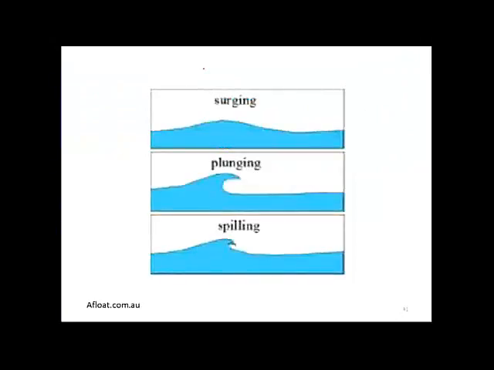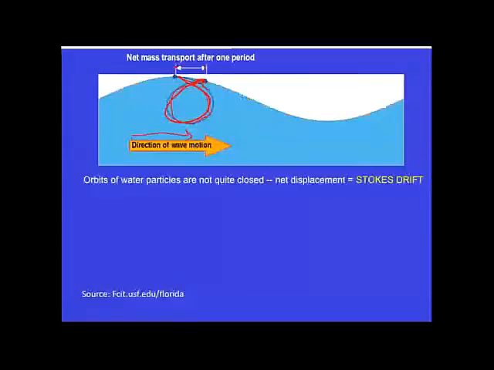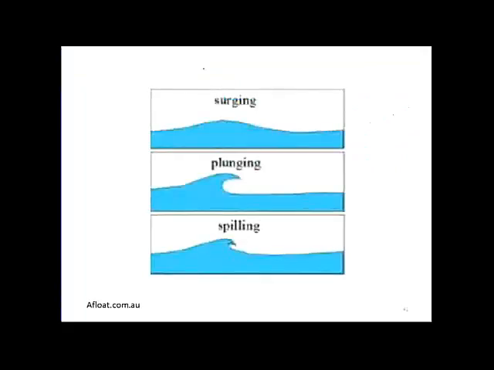So if we look at waves now, there are three types of waves that I'm going to discuss. Surging waves, which are also called regular waves, and you'll notice that they don't break at all.